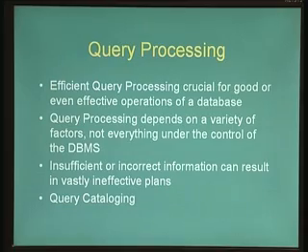This can include the size in terms of bytes of a particular table, the number of tuples in a table, and an estimate of the number of distinct values in a column that can help in building indexes, for example. Query catalogs hence play a very crucial role in deciding the query execution plan that is ultimately used on the database management system.